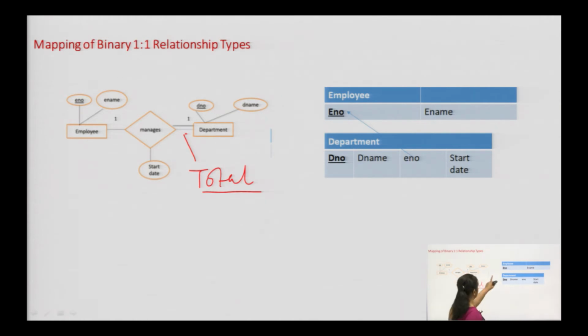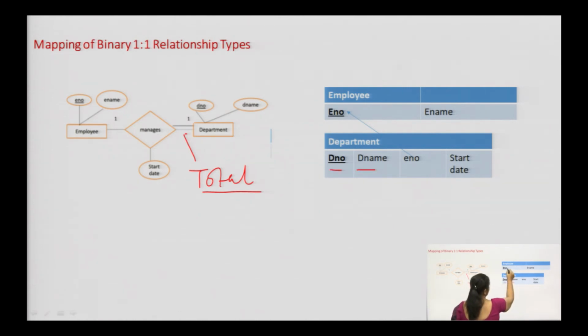Now, what we have done is that for the entity type which has the partial participation, we are showing it as a regular entity type with its attributes. The entity type which has the total participation, what have we done? We have included the attributes of it, that is DNO and DNAME.